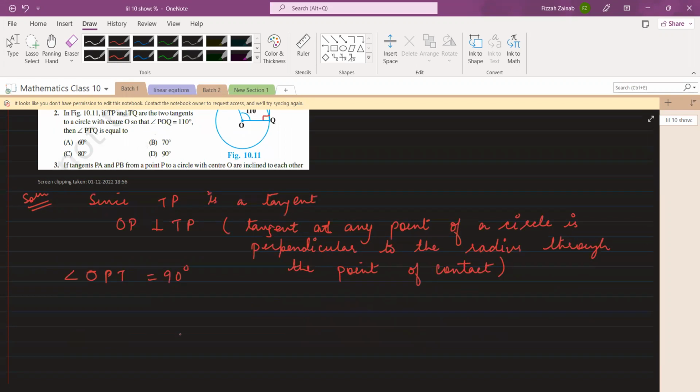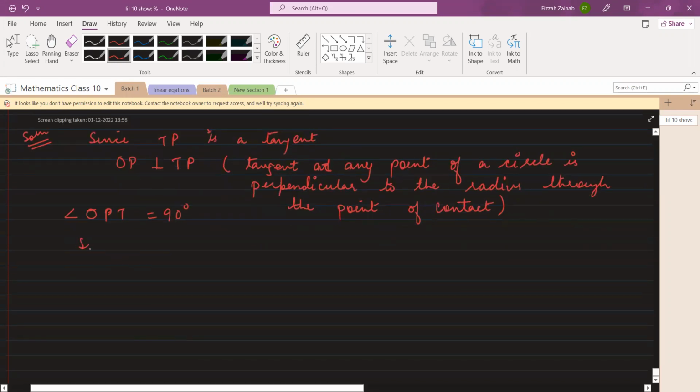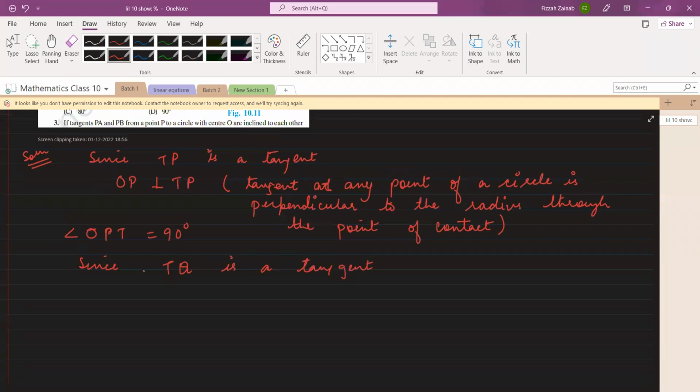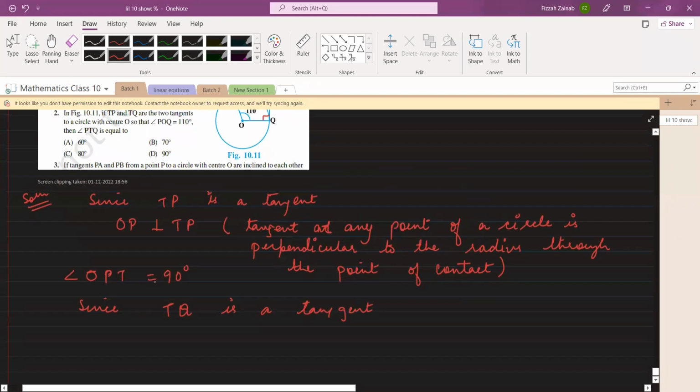Similarly, we will say that TQ is a tangent, and therefore in this figure, OQ is perpendicular to TQ. You can mention the same theorem here. And therefore, angle OQT is 90 degree.